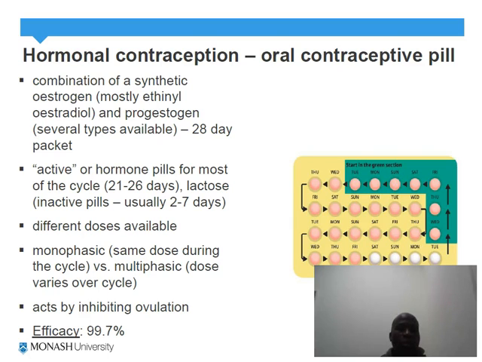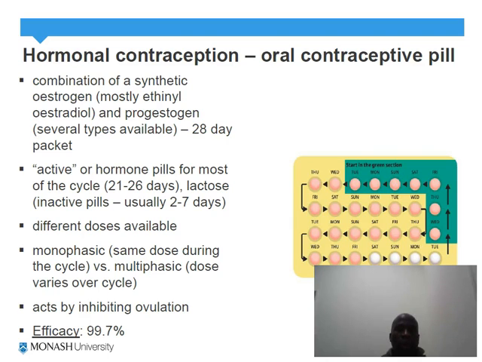These are two hormones that are combined in the OCP, estrogen and progestogen. So there are several types available, and usually they go up to 28-day packets, which means they take care of the entire period.